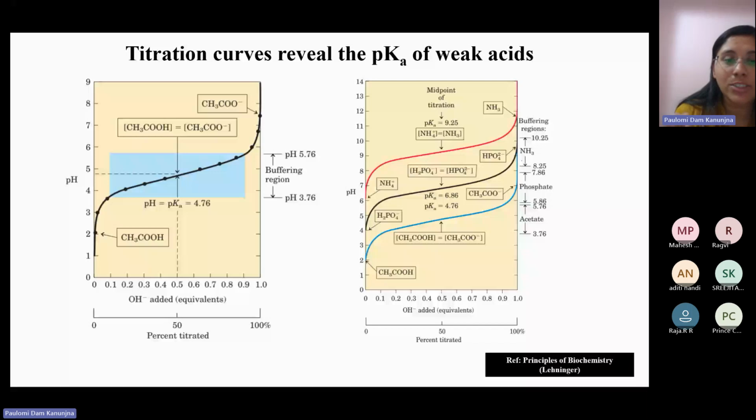So that point is called the pKa value. Any titration curve that you do, the value which you get at 0.5 equivalent of NaOH is the pKa value for that amino acid.